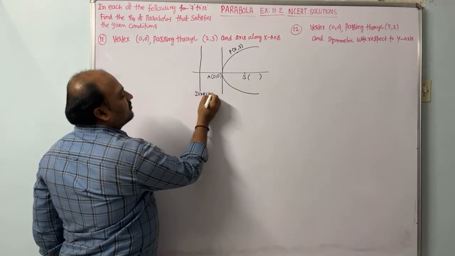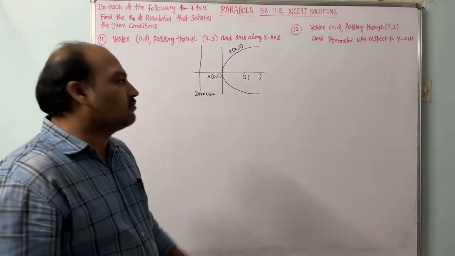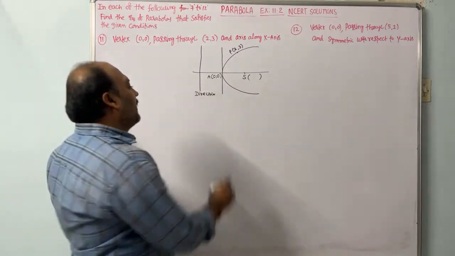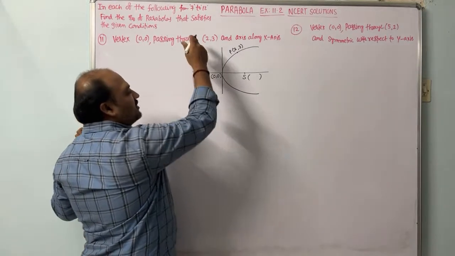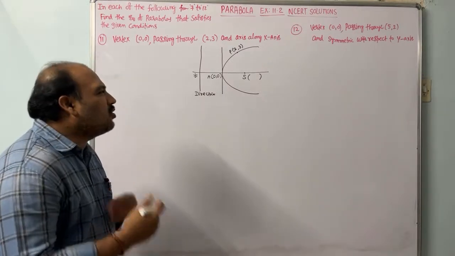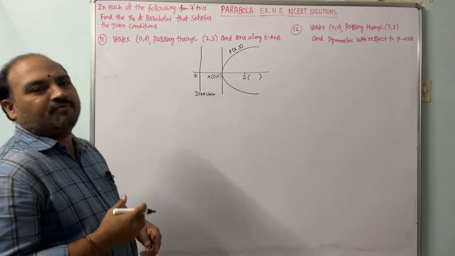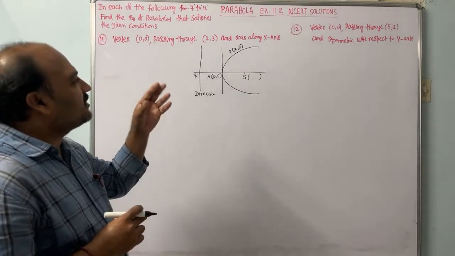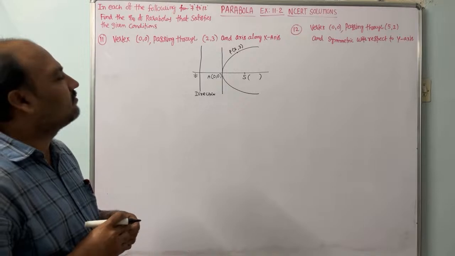This is the directrix equation. We don't know about the focus, we don't know about the directrix. Z is the point of intersection of axis and the directrix. So how will we move? How to get this? Axis they mentioned along x-axis.